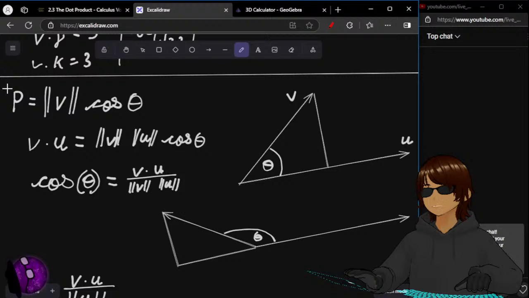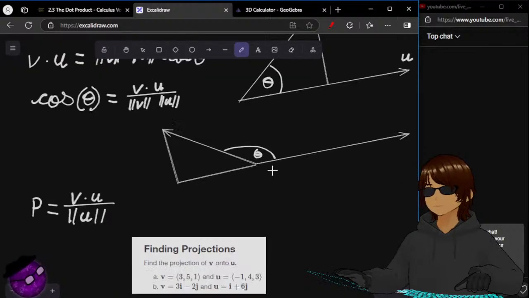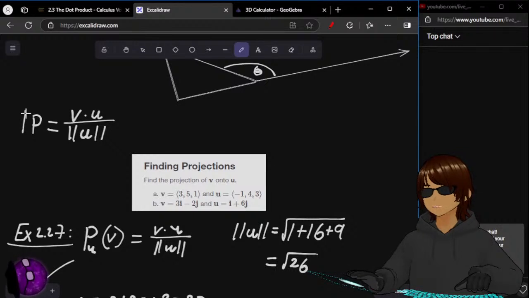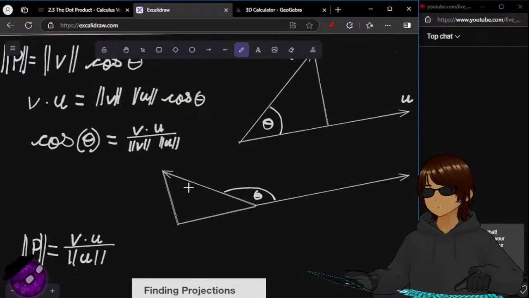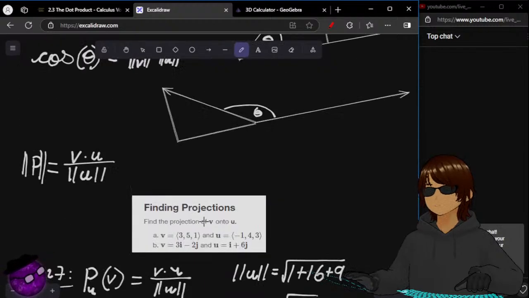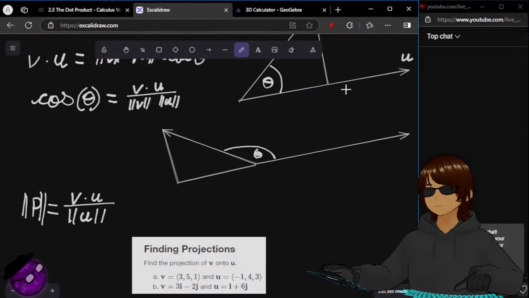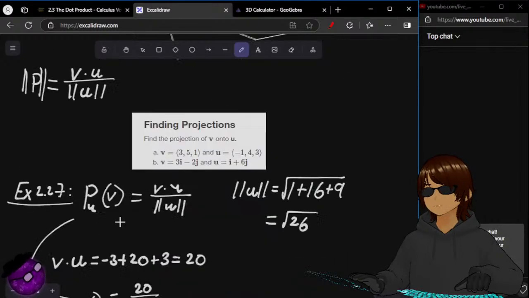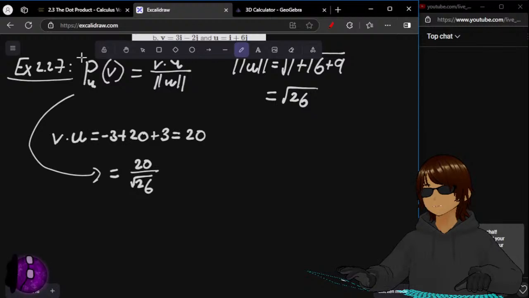No, wait, I think I'm wrong here. The magnitude of the projection is given by this. Then we are left with the magnitude of the projection. But we don't know which direction it's facing. It's facing either this direction or that direction. That's why we need to multiply by the unit vector of U. Hold on. I think I understand now.